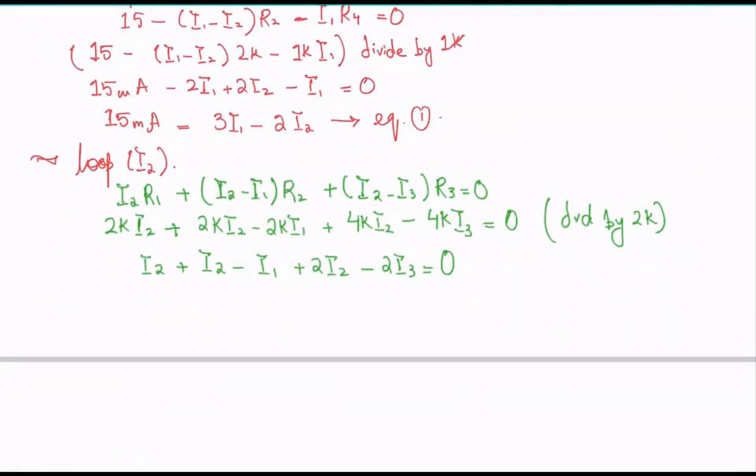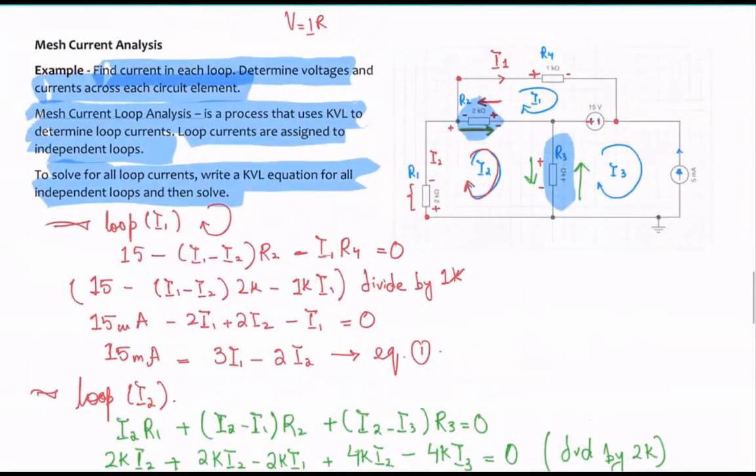So I2 plus I2 plus 2I2 will become 4I2, minus I1 minus 2I3. Now, I3 is the current which is flowing in this loop right here. Notice in this loop, you also have an independent current source, which is 5 milliamps, right?